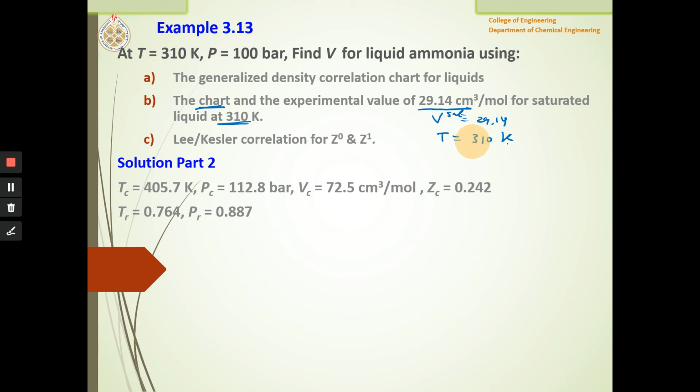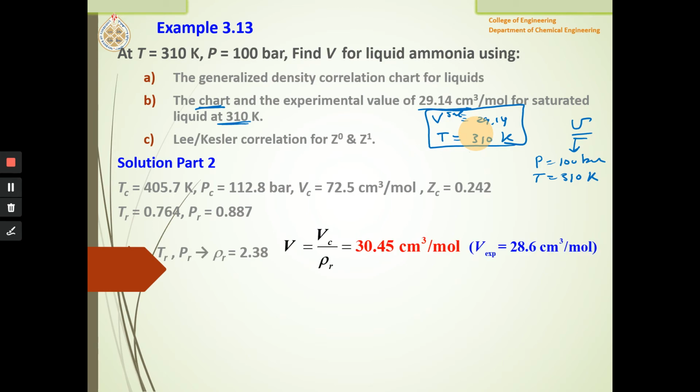So these are given in this question, but they ask for the volume of course not saturated. This is the volume when the pressure is 100 bar and the temperature is 310 as given in the question. But they give us some information related to a point. Which point is it? It is the saturation condition.